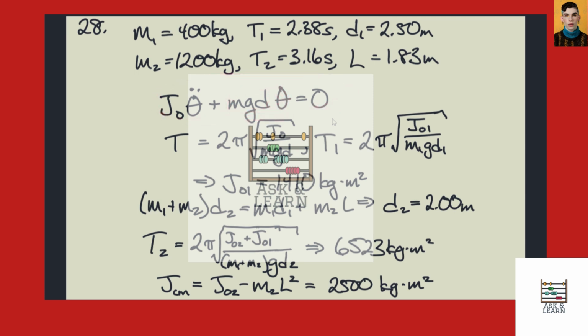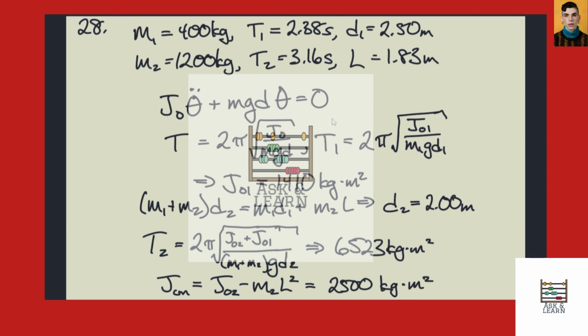Doing free body diagrams, we'll get all that. Which means that the period is 2 pi square root of J naught all over mgd.